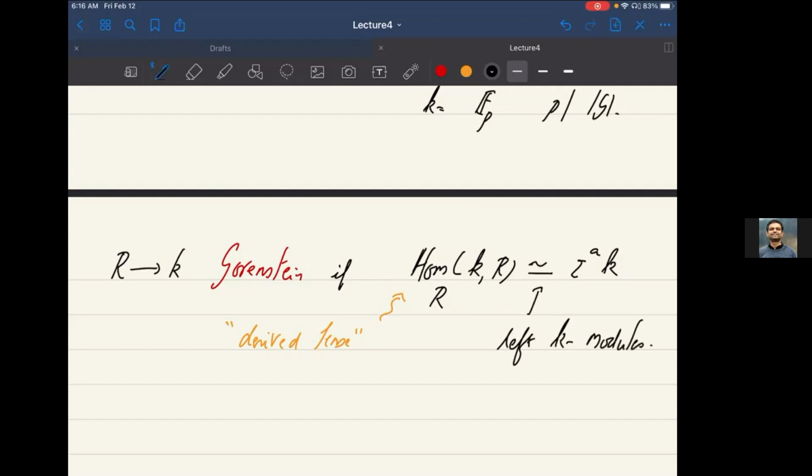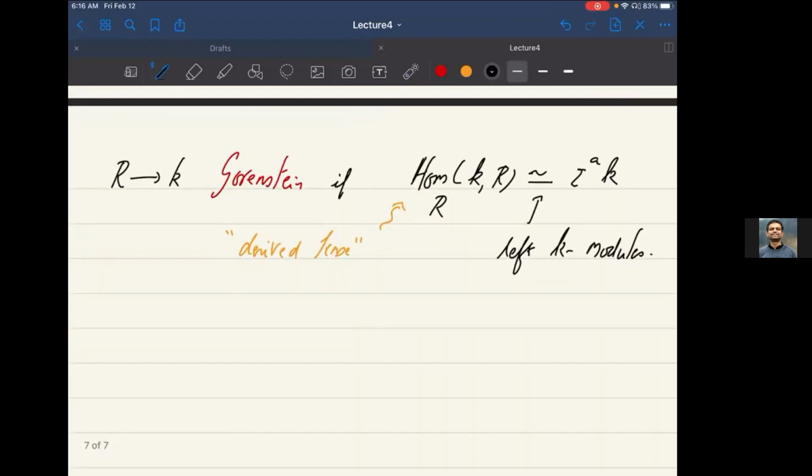Okay, but there is a lot more structure left in this thing. In general, you would want one more condition, and you'll see where that condition comes up as we go along.